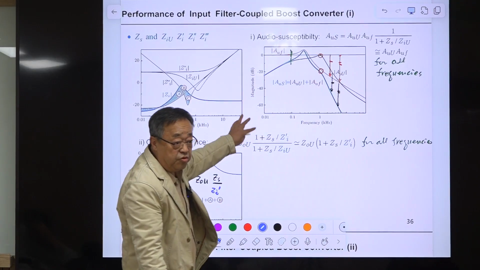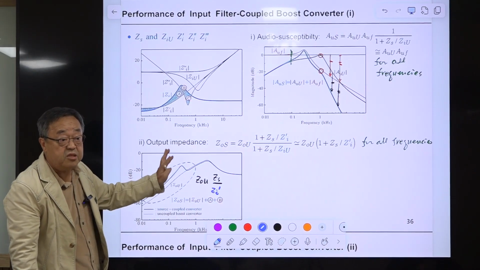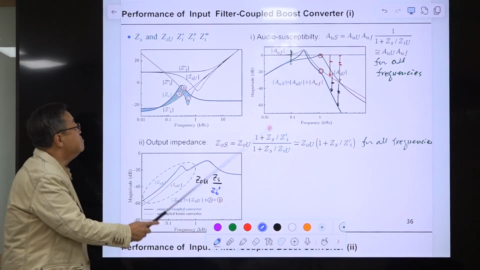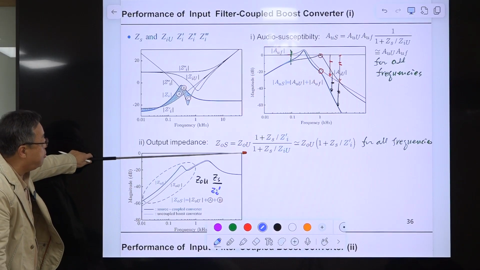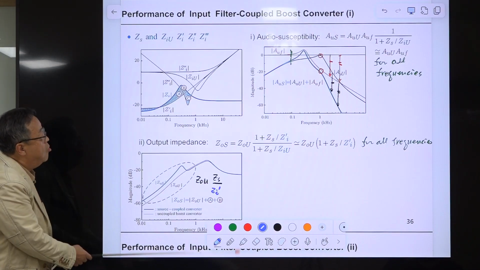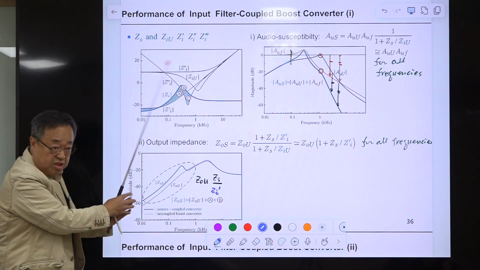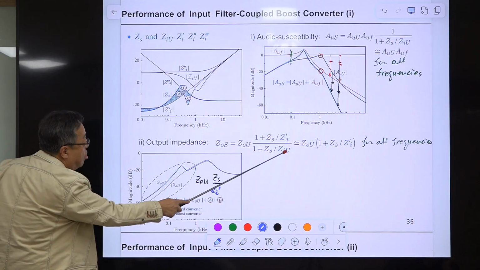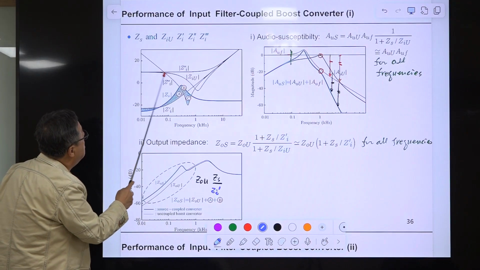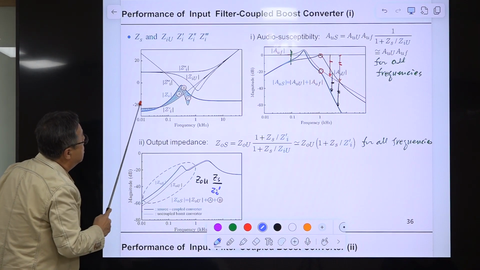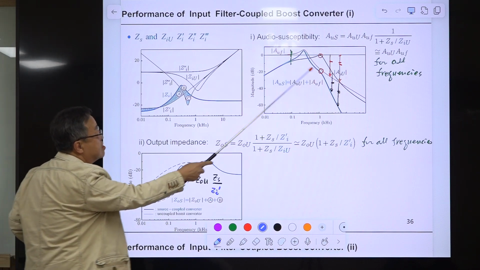Okay, so you understand this. All right, this is a simple example, but not easy to understand. All right, and the output impedance. This is the expression. But we know this GIU is much larger than this for the entire frequency range, so this term is initially gone. GIU is this one, and GIS is this one, the same as the previous case.